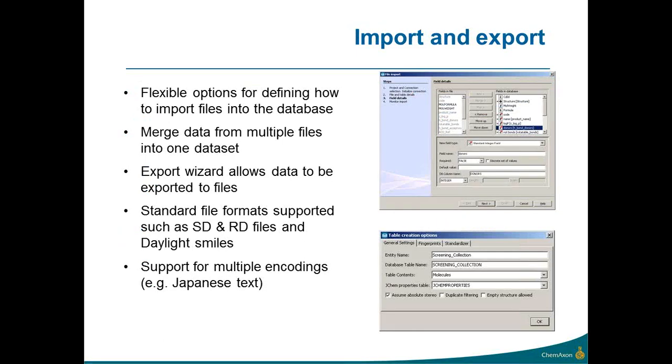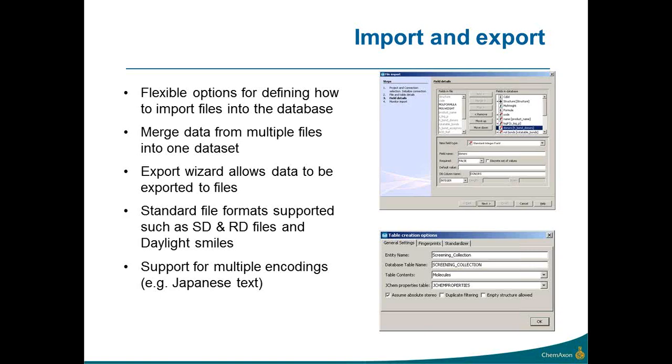As I said, import and export capabilities are available, with very flexible options to define how you import files into the database, and how you merge the files together so you can make sense of your data. Export capabilities are also very flexible using the export wizard embedded into Instant JChem.